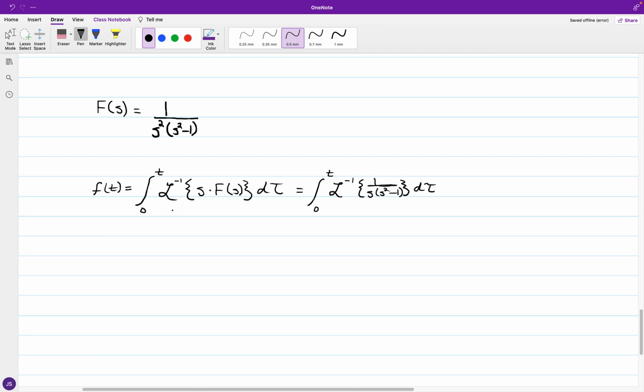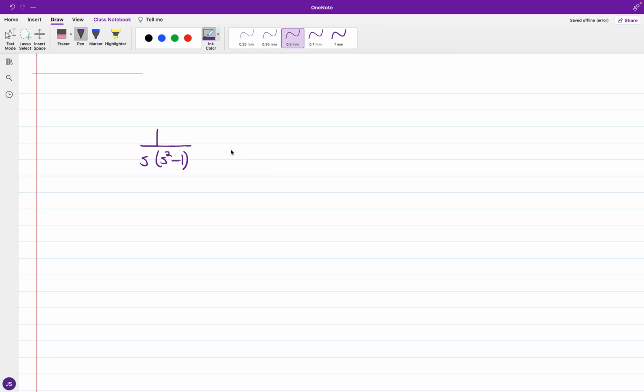So with the integration pathway, we're looking at the inverse Laplace transform of 1 over s times the quantity s squared minus 1, using partial fraction decomposition. Now s squared minus 1 is a difference of squares, so I can factor it as s plus 1 and s minus 1.